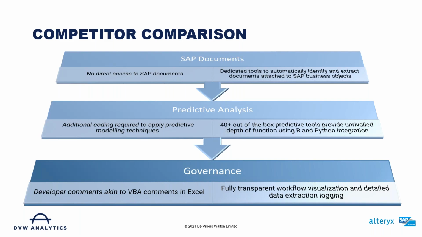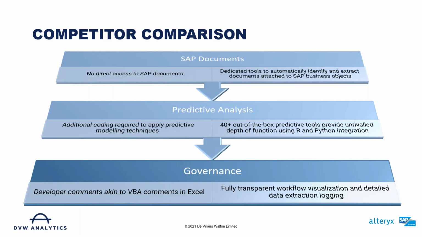In terms of the workflow side, the workflow is visualized very easily. You can see exactly what it does. Indeed, you can interrogate step by step what's going on. On top of that, within the ACS tools, so the connector tools, we have the ability to log exactly what is happening when we extract that data from SAP.